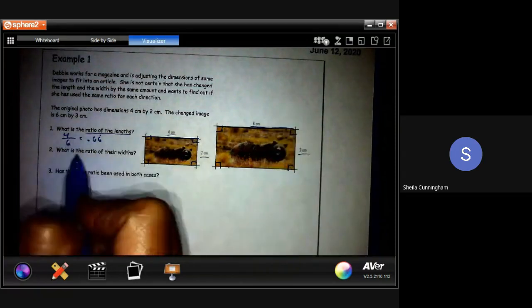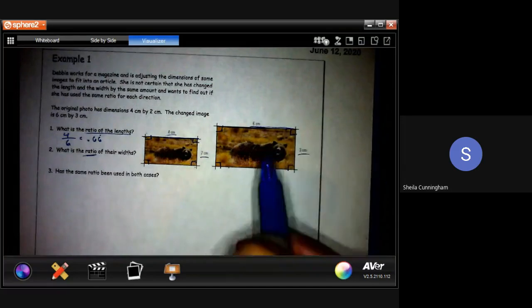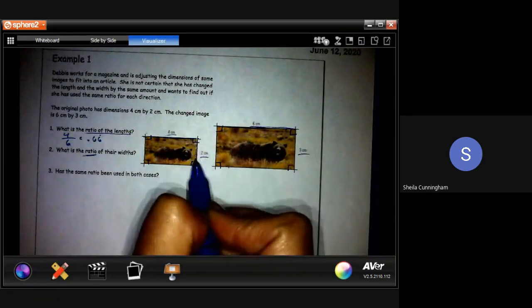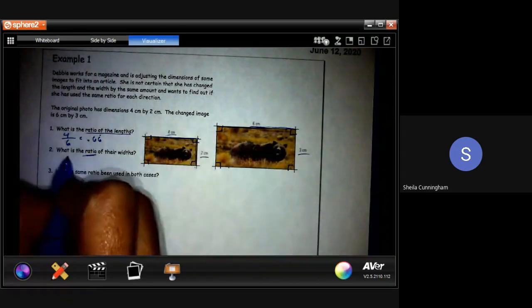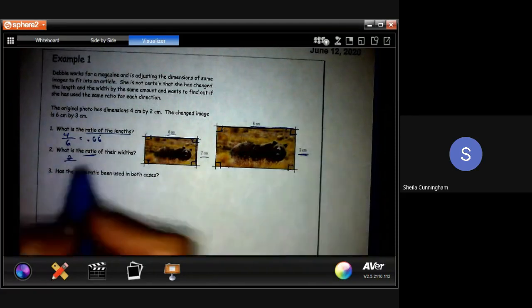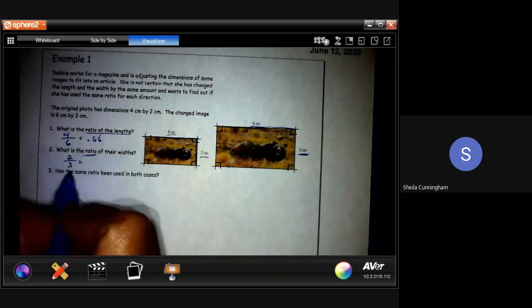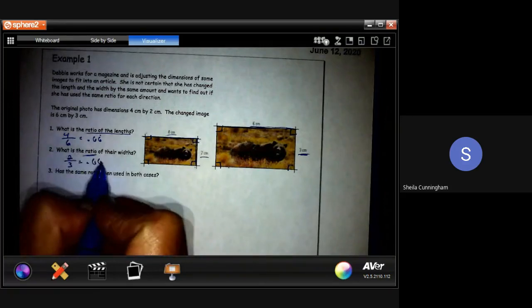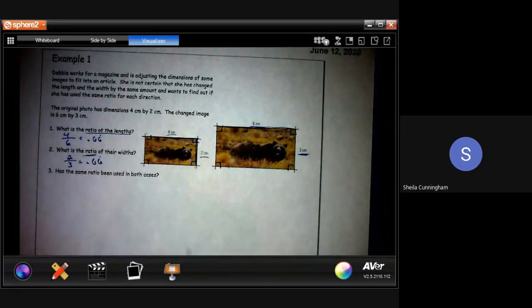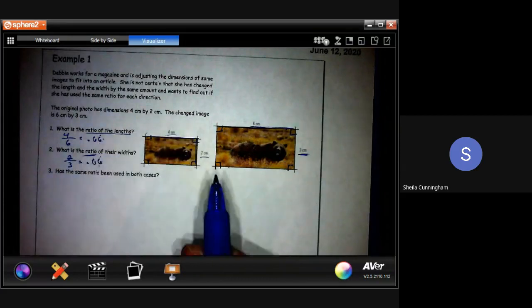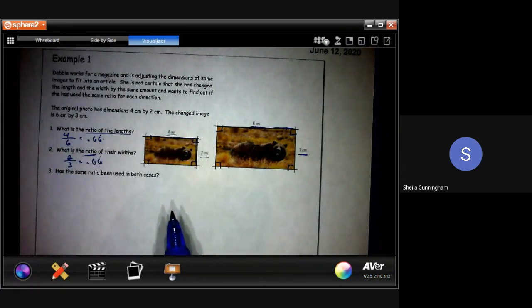So now they want to know what the ratio of the widths are. Again, I'm going to start in the smaller one, and I'm going to say that's 2 to the larger one being 3. Well, 2 divided by 3 also gives me 0.6 repeating. So what we're starting to see is that we have the exact same ratios.